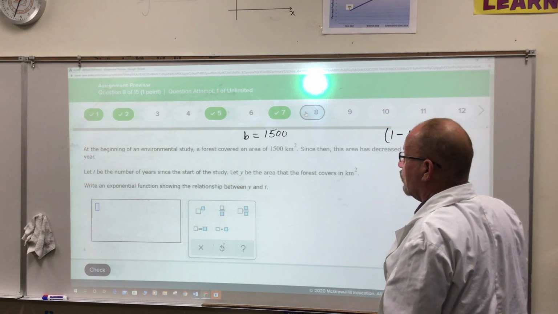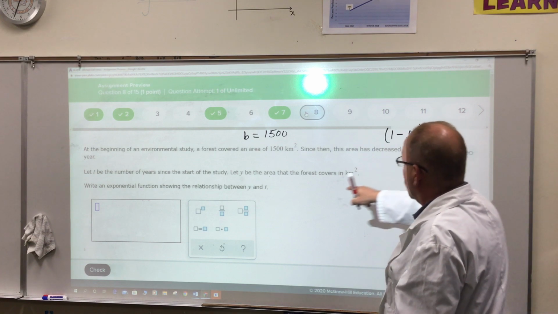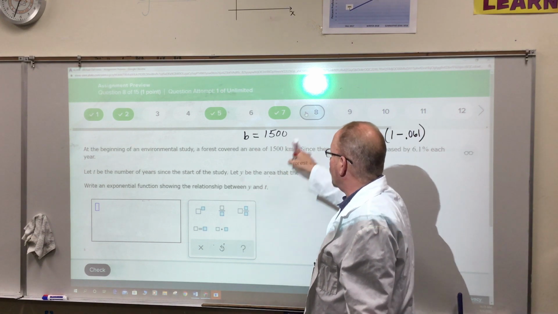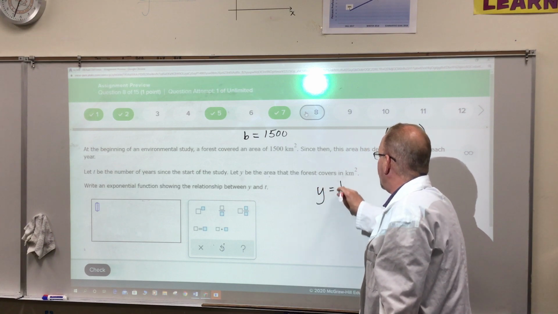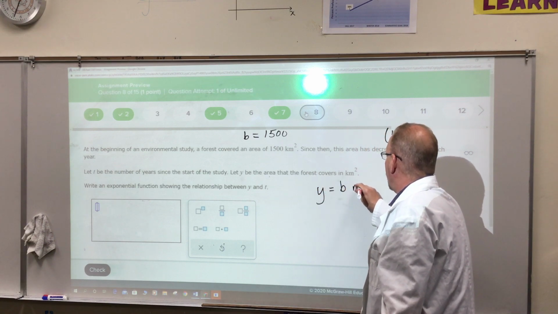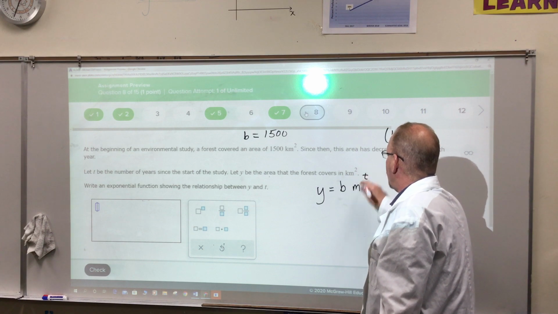So now you're going to write an equation between y and t. So we're not going to use an x. So y equals b times m to the t power.